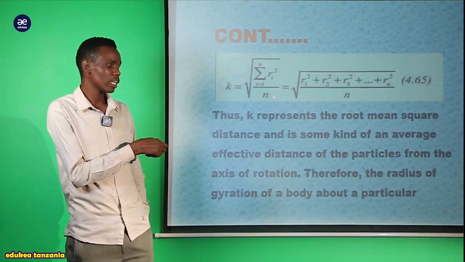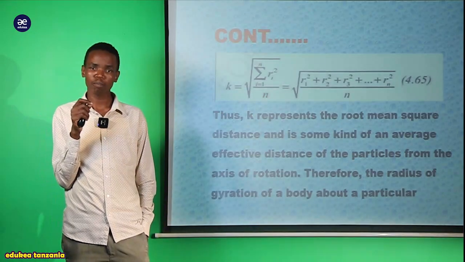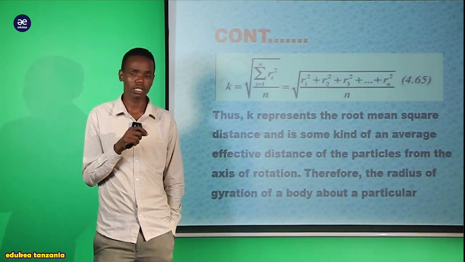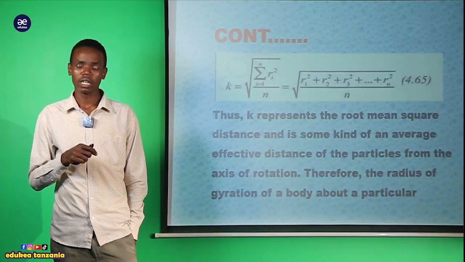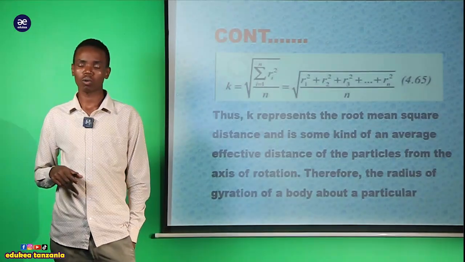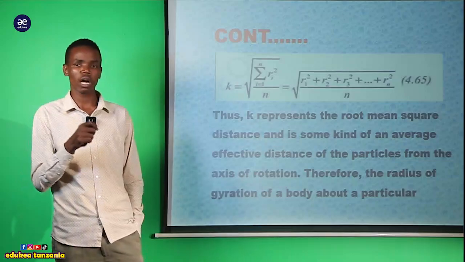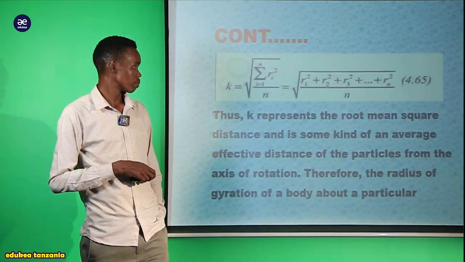But this n is the number of radii, the number of radii we will have on the solid disk or on the thin disk.